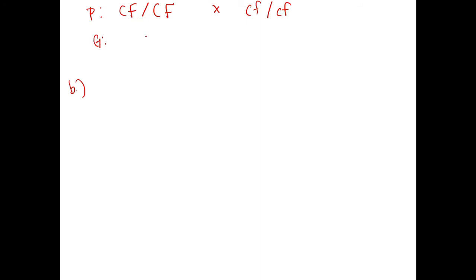So arrow lupa pula, arrow and then circle. So from this parent pun satu jenis gamete. Okay, and fusion occurs, so the genotype of the offspring will be heterozygous. Okay, so this is your F1.